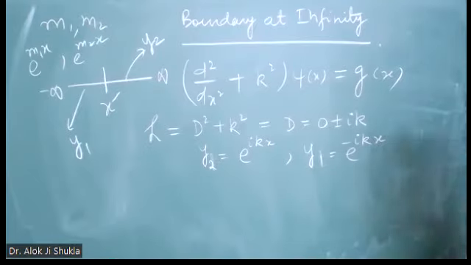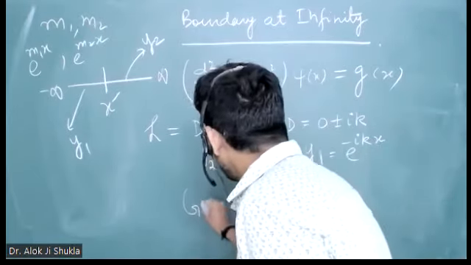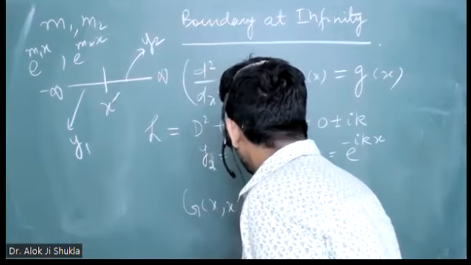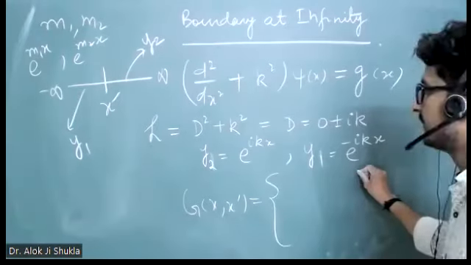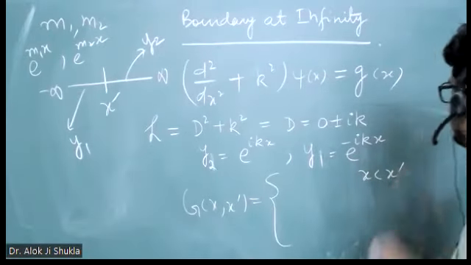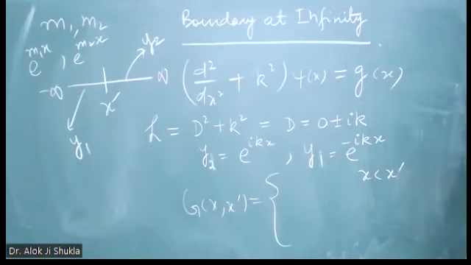and my Green's function will become g(x, x dash) is equal to, who will tell? First is x less than x dash. Tell me. Sir, e to the power minus ikx, e to the power ikx prime.